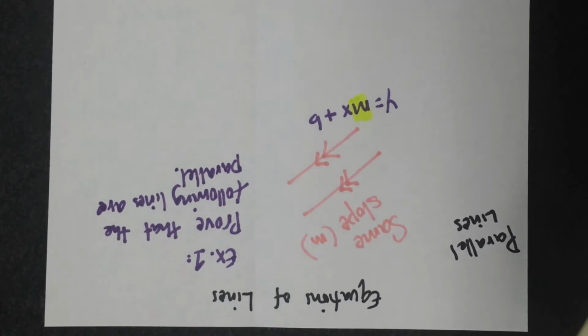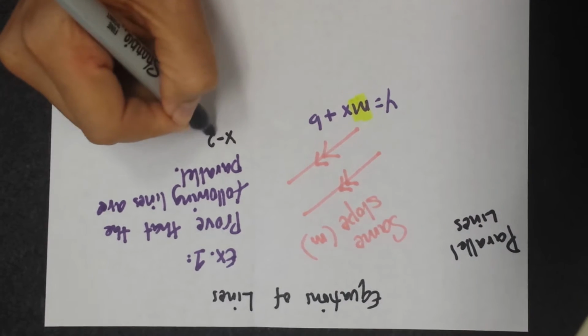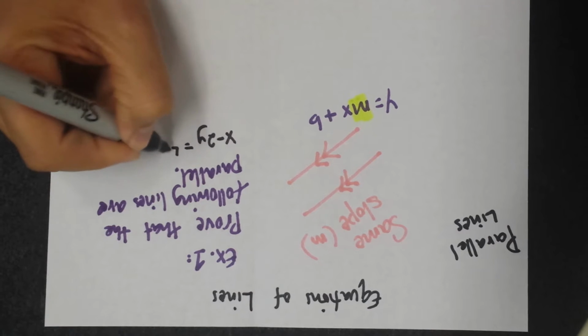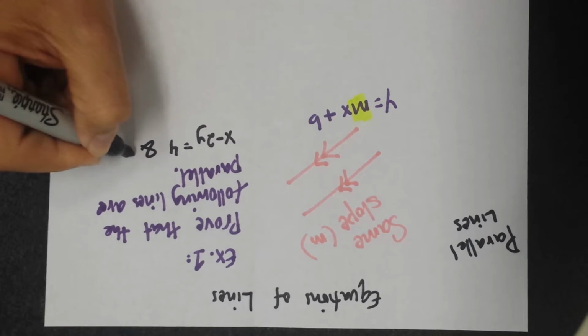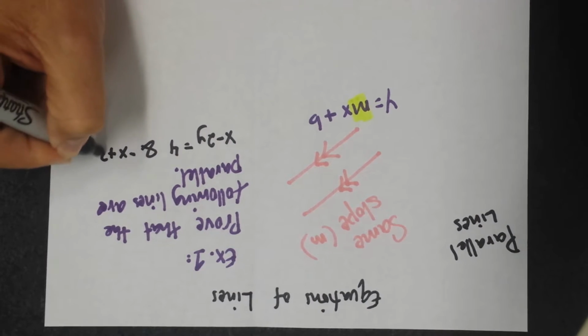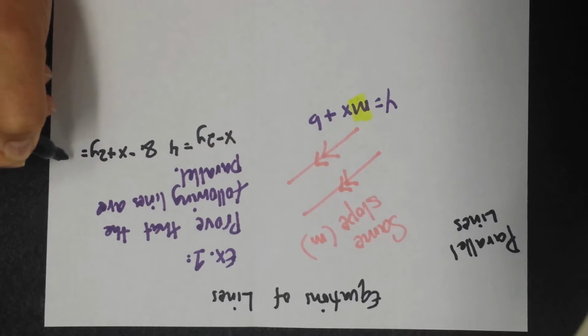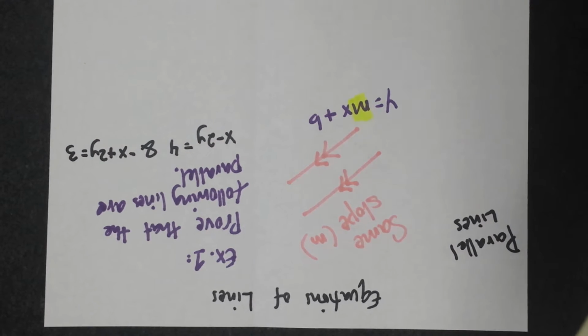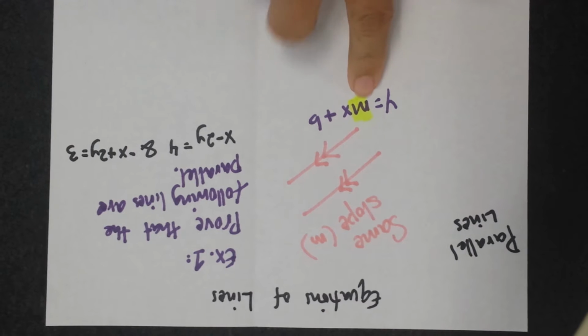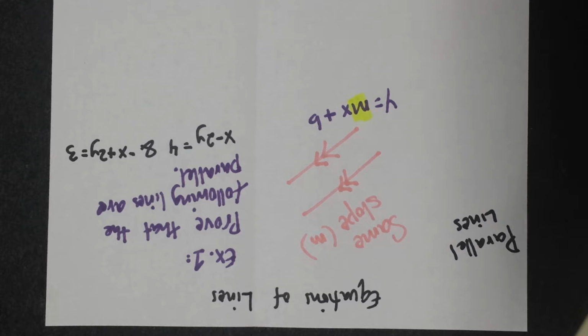The two equations we're going to take a look at are x minus 2y equals 4 and negative x plus 2y equals 3. First you have to make them look like y equals mx plus b so you can see if the slope is the same, so that you know it's parallel or not. So let's make them both look like that.